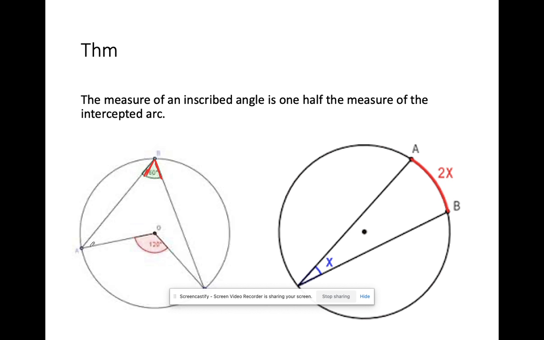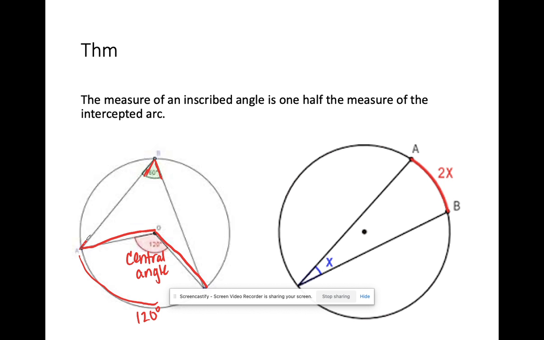So in this particular circle on the left, I have my central angle here that's 120 degrees. And remember that the arc measure was the same as that central angle. So this arc here is going to be 120 degrees.